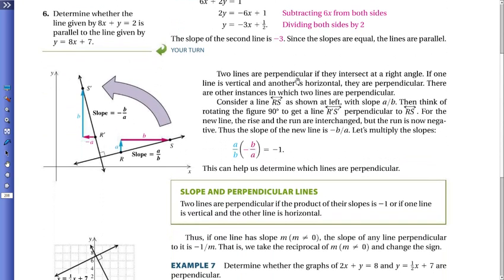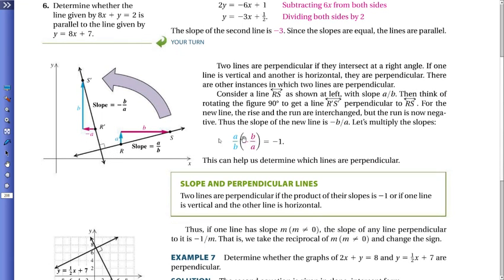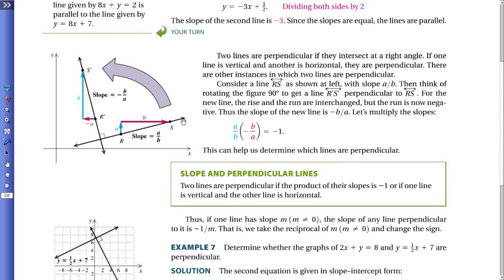Now, perpendicular lines intersect in a special way. Perpendicular means they cross making 90-degree angles, or right angles, as another word for that. What they're showing us here is that the slopes of perpendicular lines have a relationship: they are the negative reciprocal of each other.